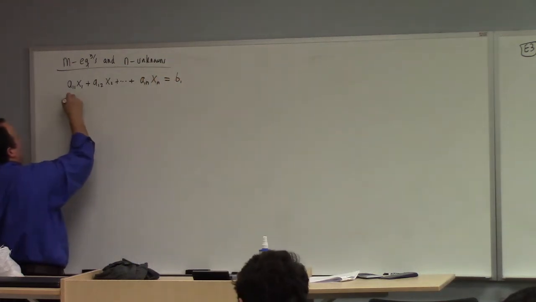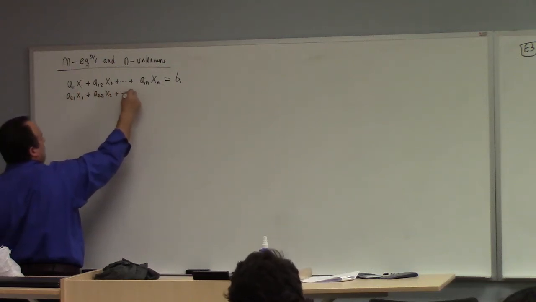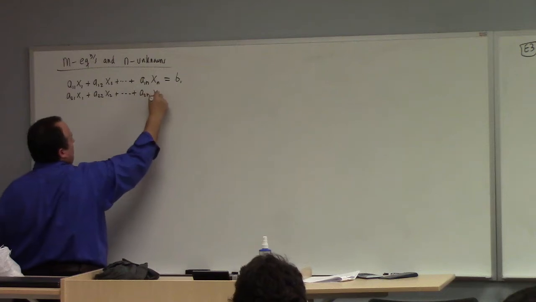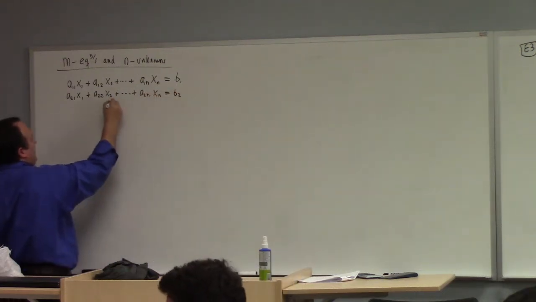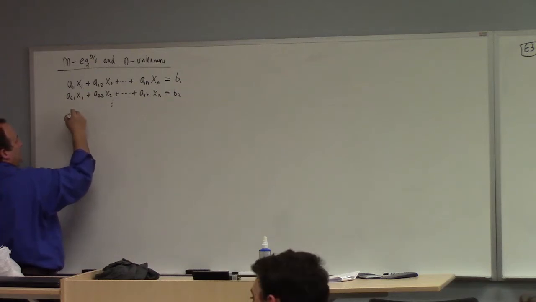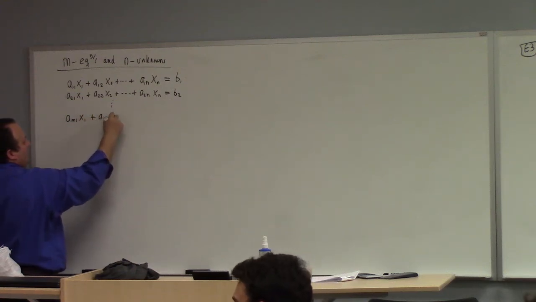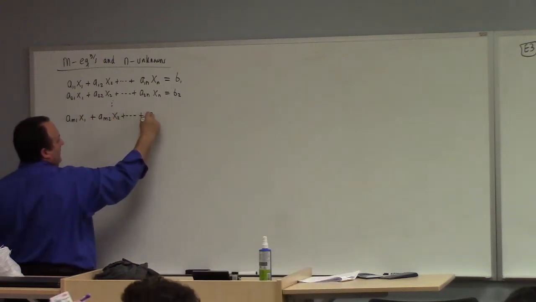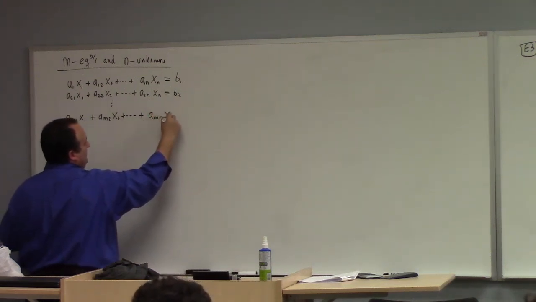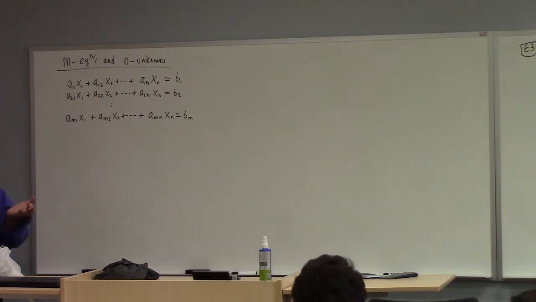The second equation, a21x1 plus a22x2 plus dot dot dot plus a2n xn equals b2. And this goes on m times, m as in mommy, n as in, there are n variables here. Down to am1x1 plus am2x2 plus dot dot dot plus amn xn equals bm. So this is the general problem: m equations and n unknowns.